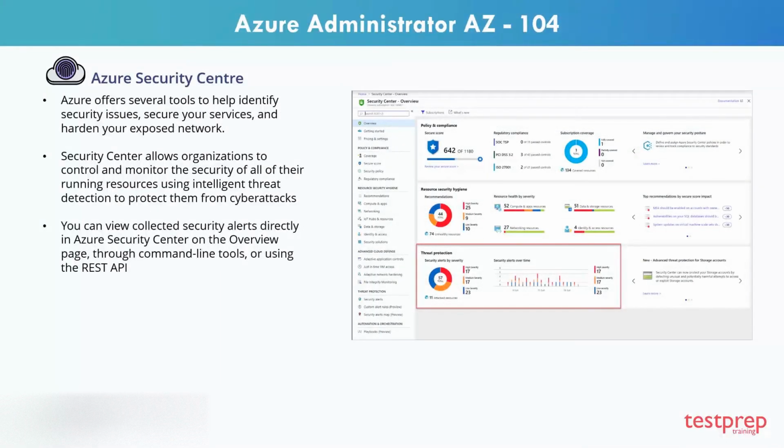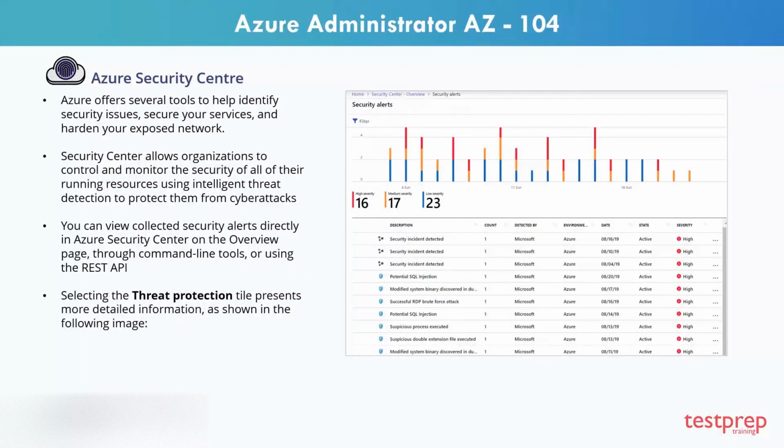Security Center provides an easy-to-read dashboard which shows compliance, security health, and security alerts. This is available right off the main Azure portal dashboard, or through the search window. You can view collected security alerts directly in Azure Security Center on the Overview page, through command line tools, or using the REST API. Selecting the Threat Protection tile presents more detailed information, as shown in the image.